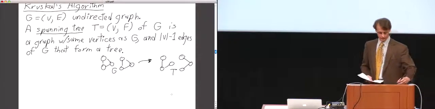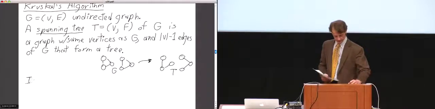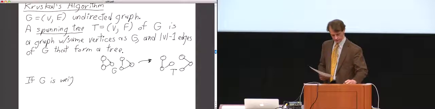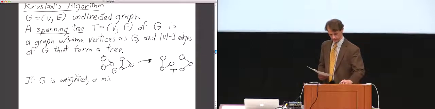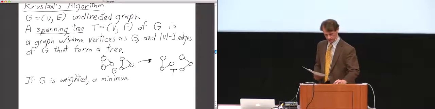So even unweighted graphs have spanning trees. If the graph is weighted, then some spanning trees are more expensive than others. And we want the least expensive one, which we'll call a minimum spanning tree.